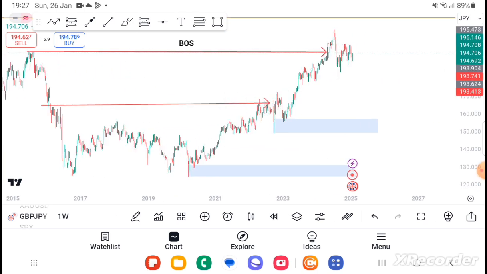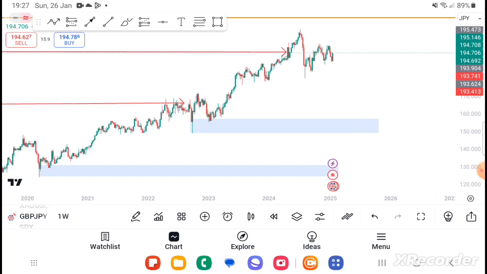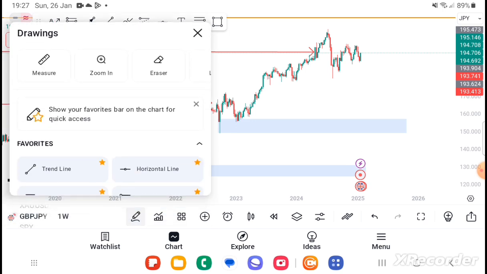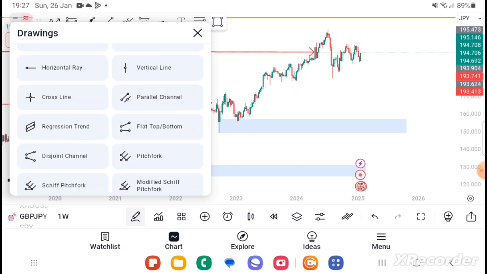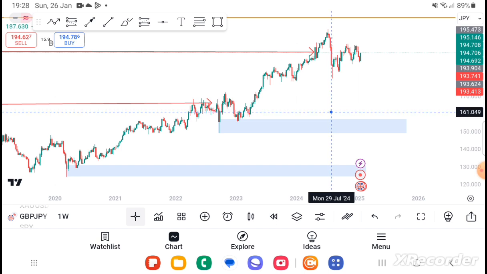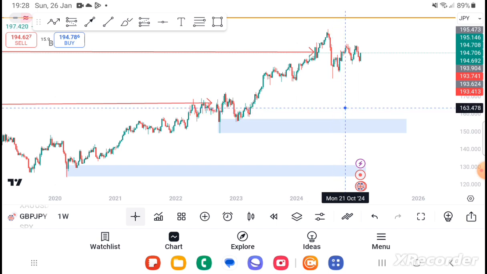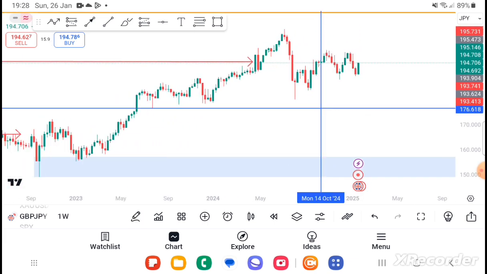Where is this crossbar? So this is still even last year. So let's zoom in more into this year.